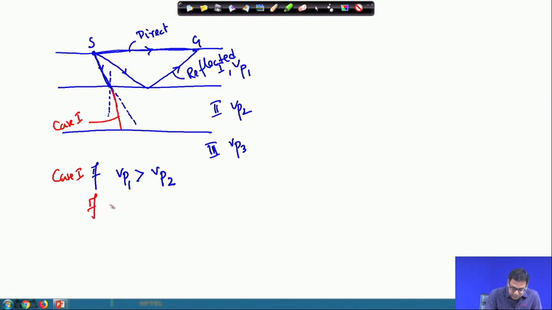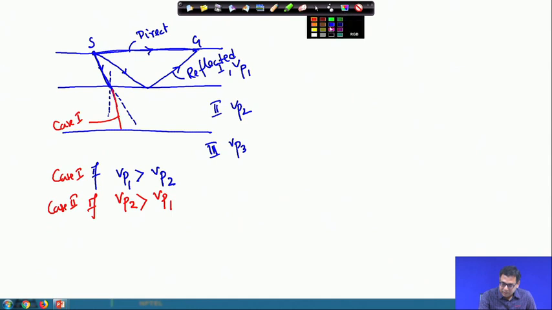Now, if this is case 2, that Vp2 is greater than Vp1, then what will happen? This wave will be refracted away from the normal. So, in that case, this will be the travel path of the wave.